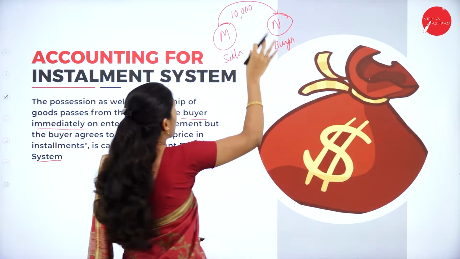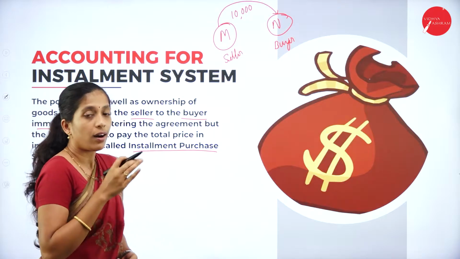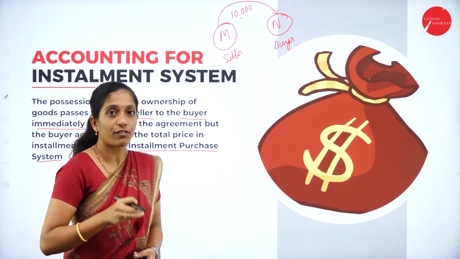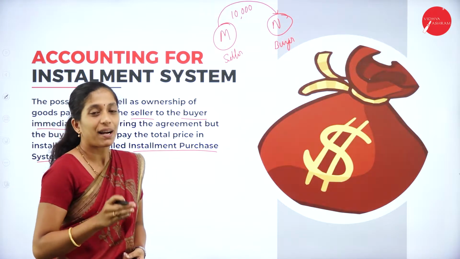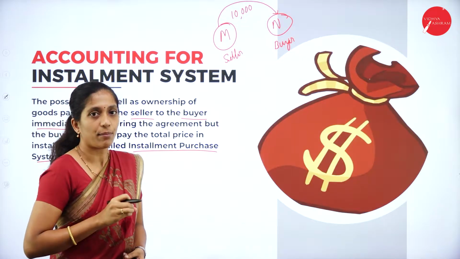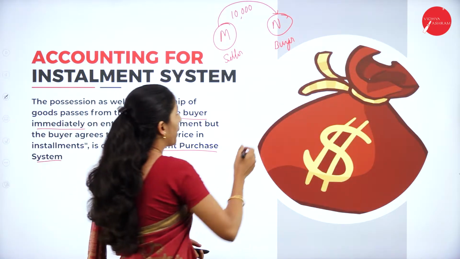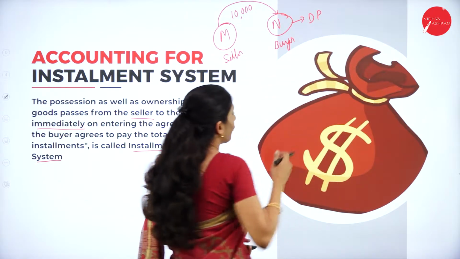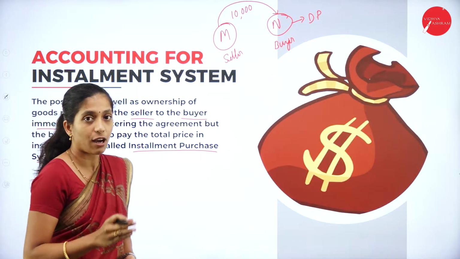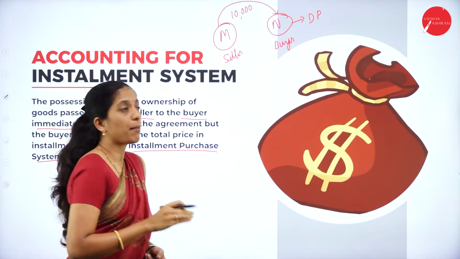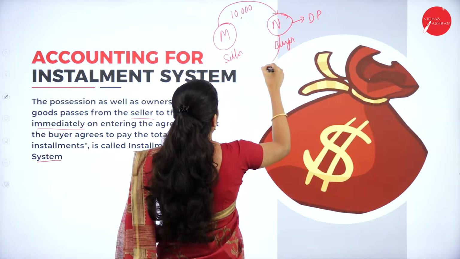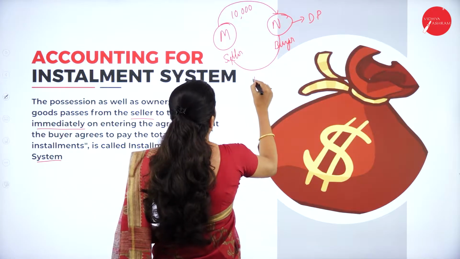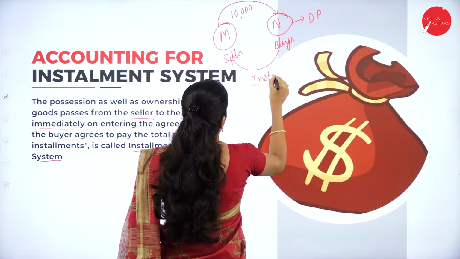M transfers the asset to N on the condition that on the delivery of that asset, the buyer has to pay a certain amount, which is known as down payment. The payment made on the date of delivery of an asset is known as down payment, and the remaining amount will be paid by N to M in the form of installments.